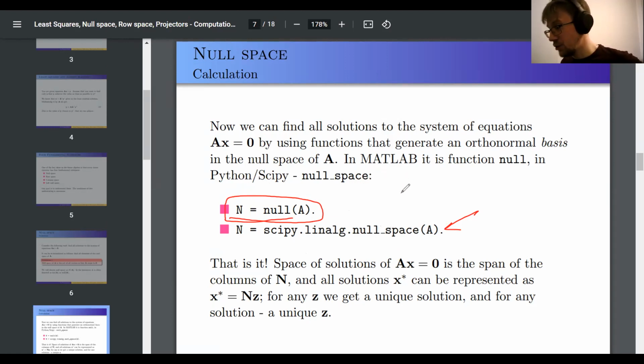So next time when you see this system of equations, Ax equal to 0, you can actually call one of those two functions depending on what you're using currently. There is obviously the same function in C++, in the Eigen library. So you can call one of those and you would get a space of all solutions.